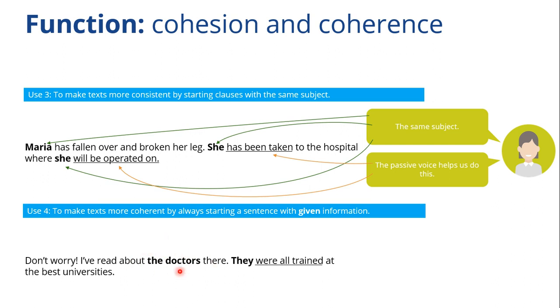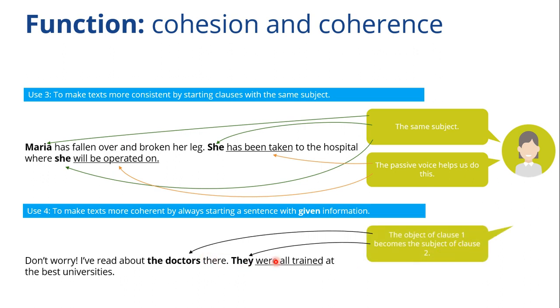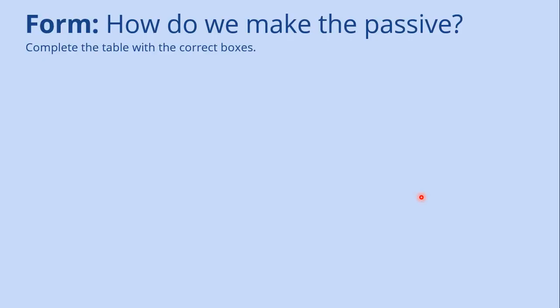Automatically, this relates to what the doctors do in the treatment of Maria. They were all trained at the best universities. The doctors, and the other information about the doctors, is that they were all trained at the best universities. Doctors, and they, this is the object of clause 1, now becomes the subject of clause 2.